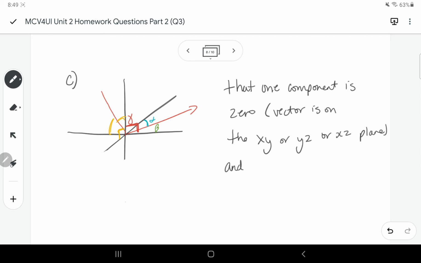And the other components would have to be positive, so that they would make 2 angles inside that right angle that would add up to 90, and the other axis would be perpendicular to that plane, so it would be a 90 as well.